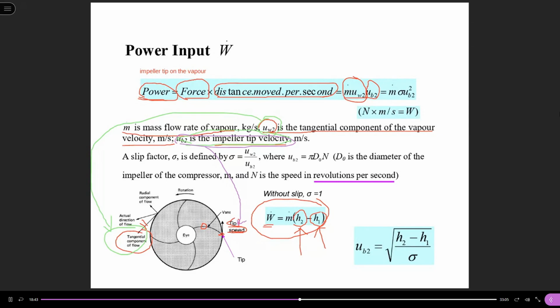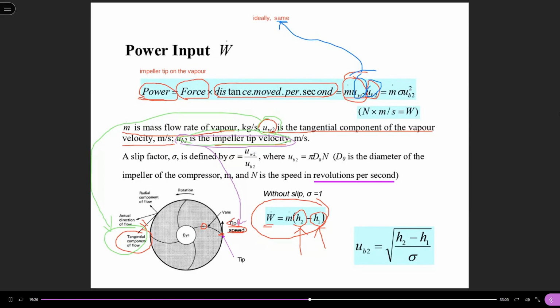So ideally these two velocities shall be the same, because the impeller tip velocity shall be the same as the tangential component of the vapor velocity leaving near the impeller tip.